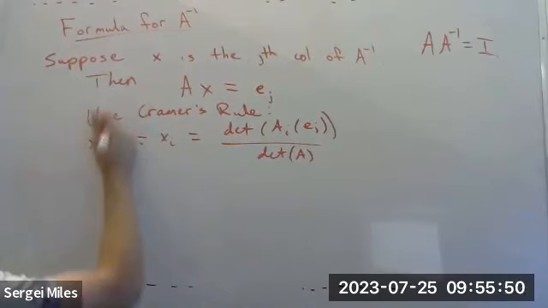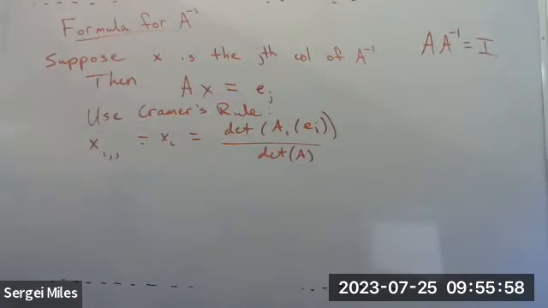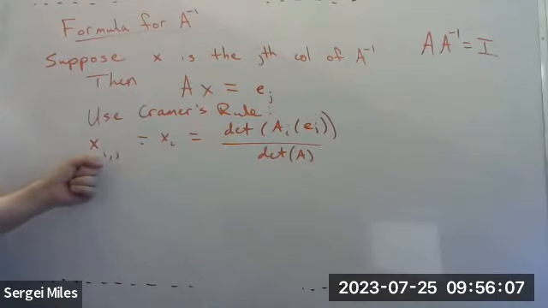Let me write this way. This is the ith row, jth column of the inverse matrix, right? So for the inverse matrix, if you want to find the entry in the first row, third column, use this formula.